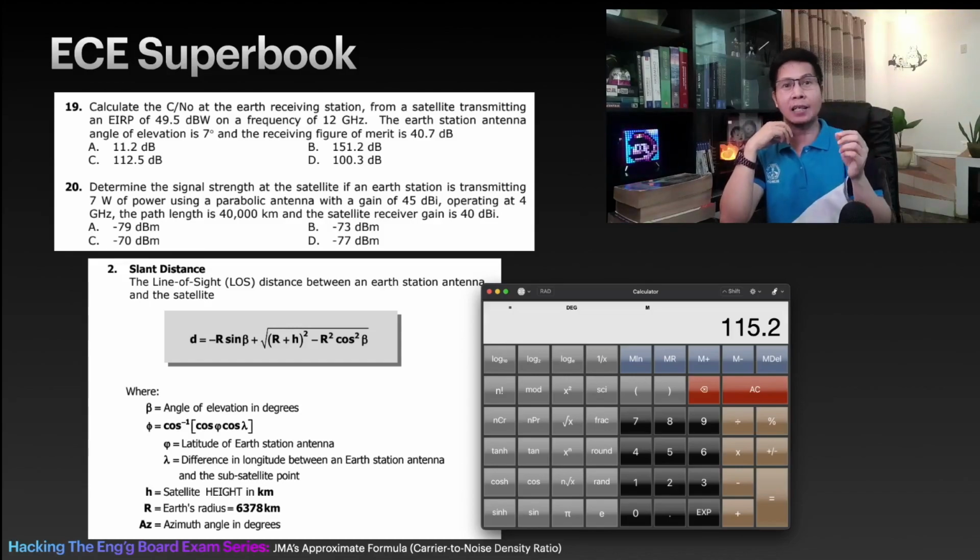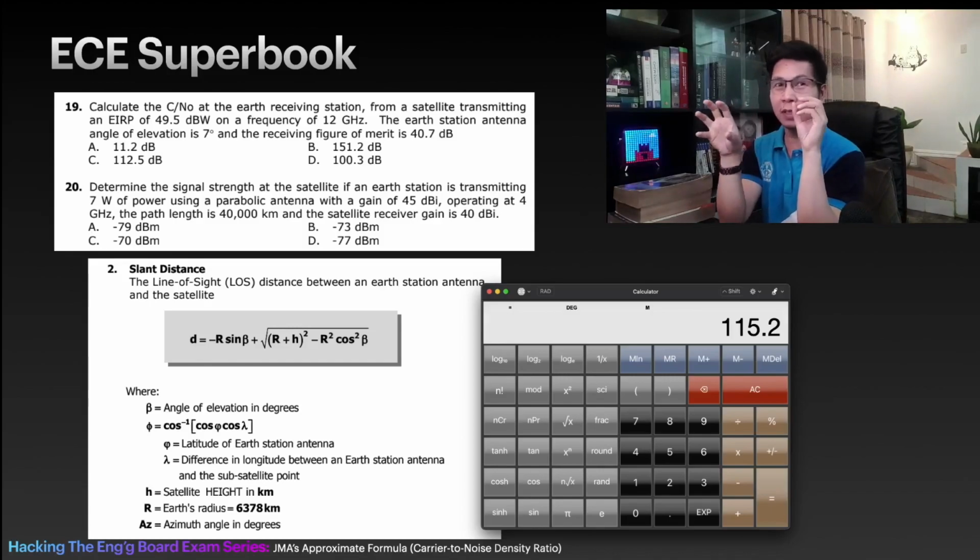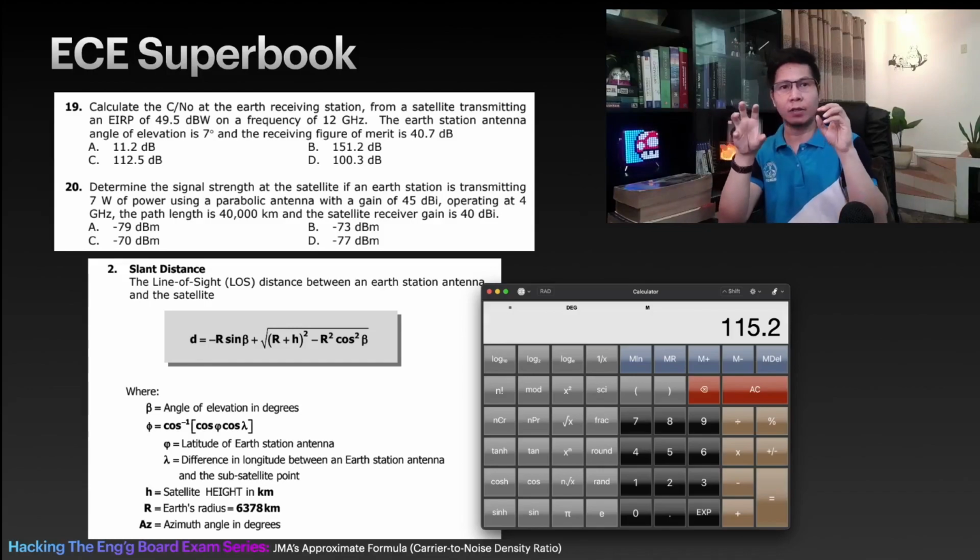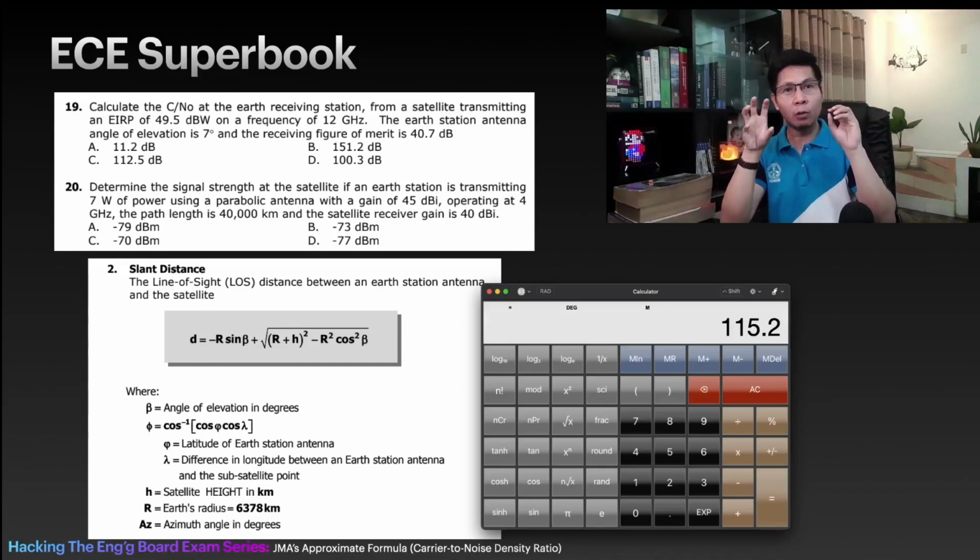Yung kabilang fiber, ang core diameter niya is 50 microns. Sa madaling salita, we have two fibers na yung isa, ang core is 50 micrometer at yung isa is 8 micrometer. Ang question ko doon na iniwan is, which of those two fiber will gather or will collect more light kung pag-uusapan natin sa optical communication system.